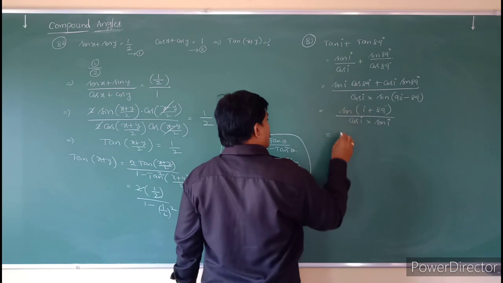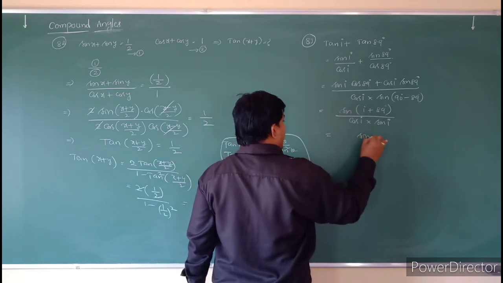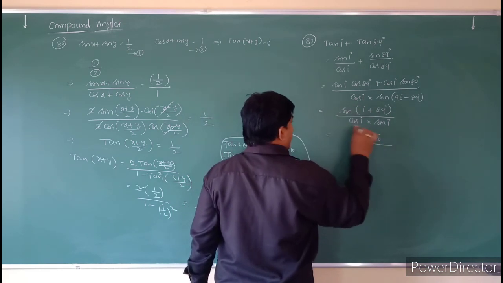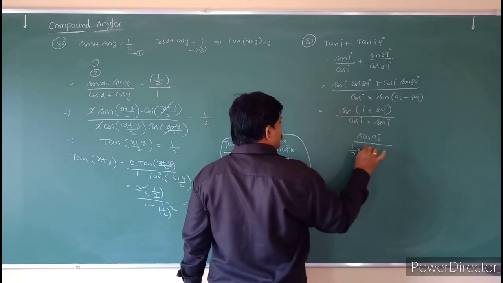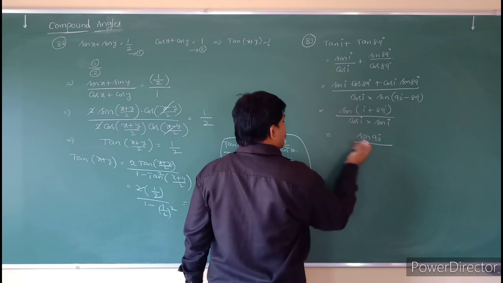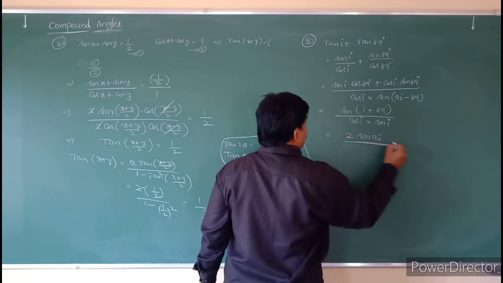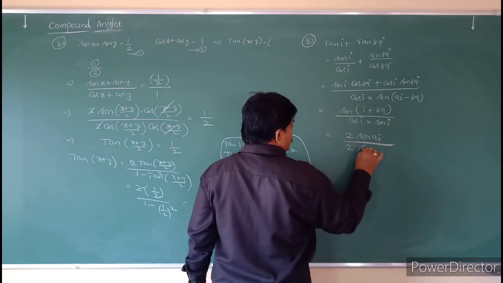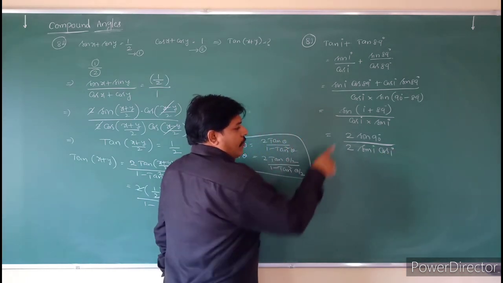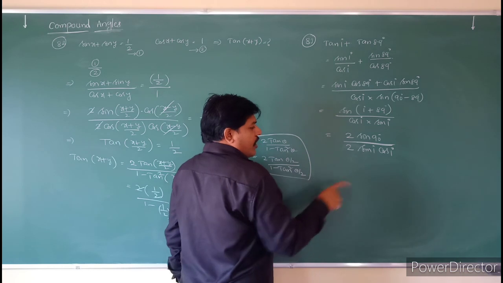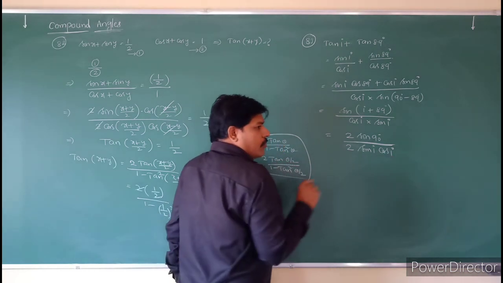So in the numerator it will become sine 90 degrees, and in the denominator I will multiply the numerator and denominator with 2. Why? Because 2 sin theta cos theta will become sin 2 theta.